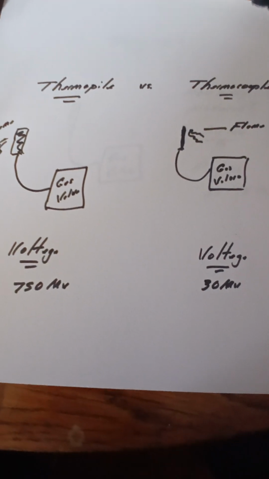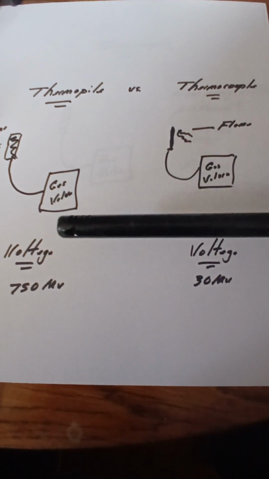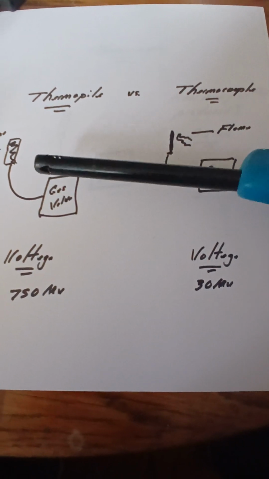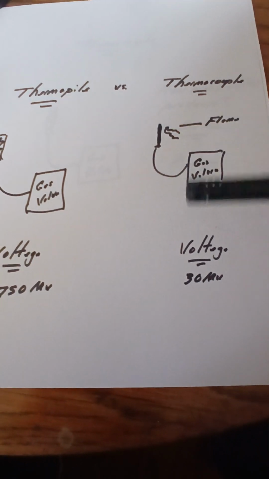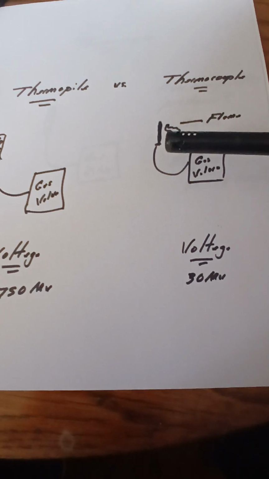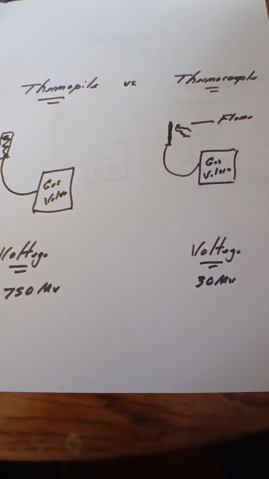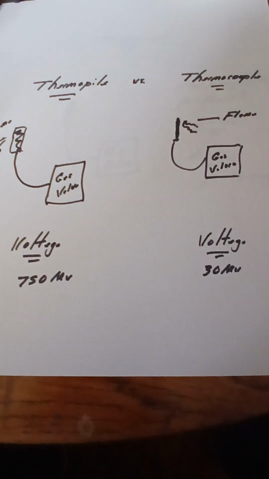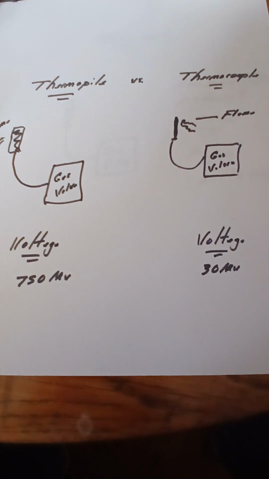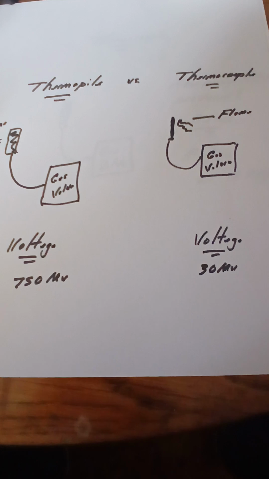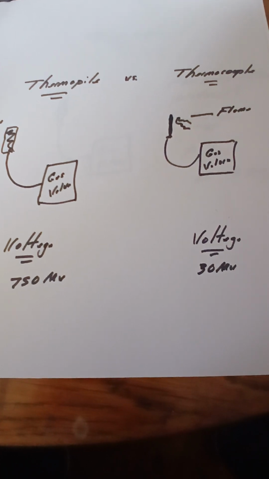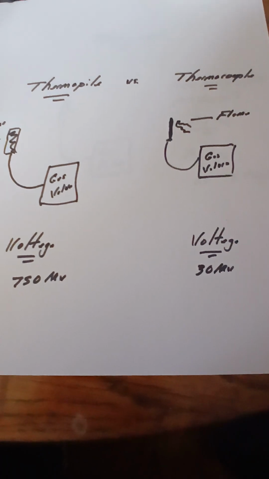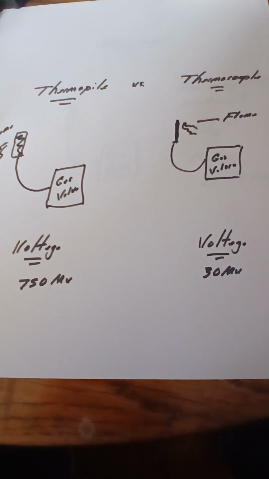So again, let's rehash one more time. Thermopile creates more voltage. With the thermopile, the end is larger. Thermocouple creates less voltage. The end is skinnier. So the question, could you interchange these? That's a question beyond my pay grade at this point, but whatever comes out of your unit, it should be going back in, because the designers, engineers, and manufacturers have manufactured it to work accordingly.